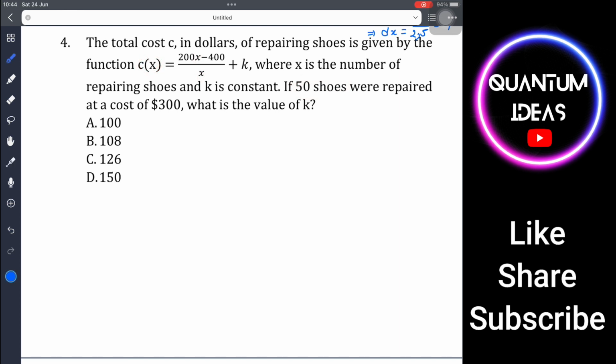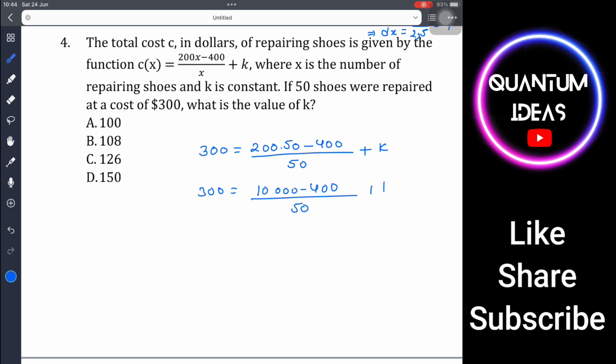Just plug it in and get the value of k. So C is the cost: 300 equals 200 times 50, minus 400 over 50 plus k. You can just use the calculator here.